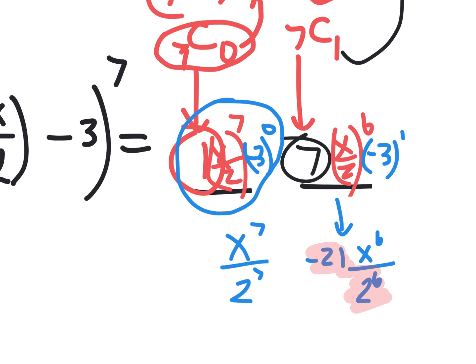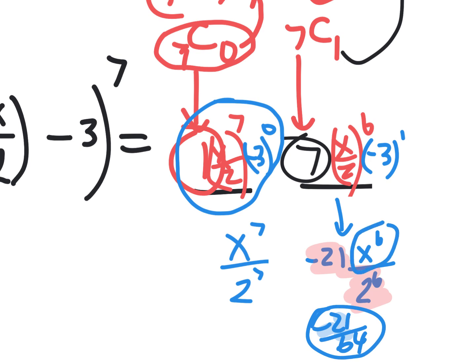So it would have been negative 21 over 2 to the 6th. 2 to the 6th is really big, I think. Is it 128? Did anybody check that out? Anybody verify 2 to the 6th? Is it 64? Thank you. So then it's negative 21 over 64. That would be the coefficient, and the rest of it would be the x to the 6th.